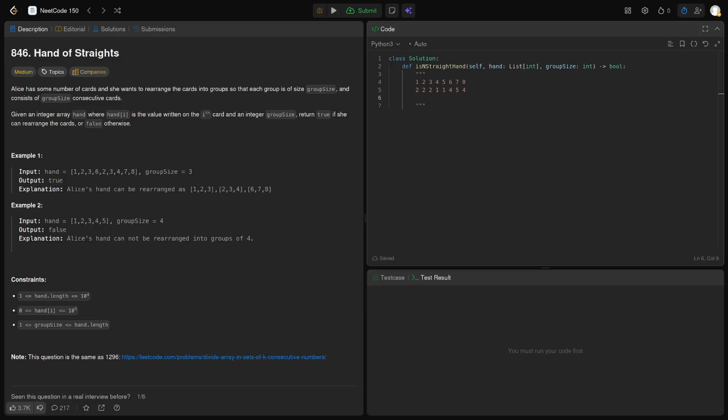We do minus 2 here at first, and then we will not do anything here, and then suddenly we do plus 2 here.